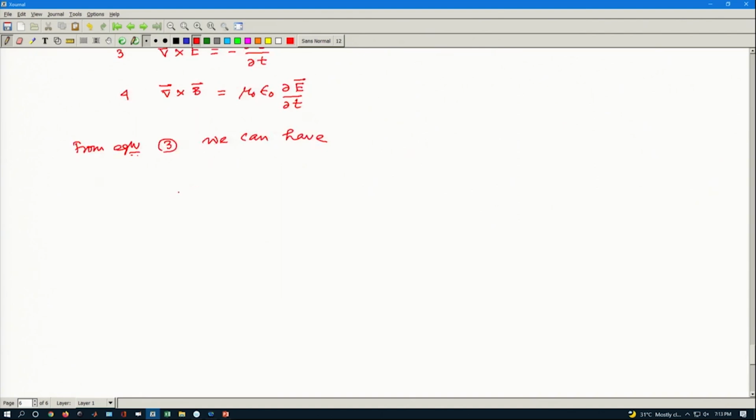So, if I do that, curl of curl of E is equal to minus del t, then curl of B. Okay.